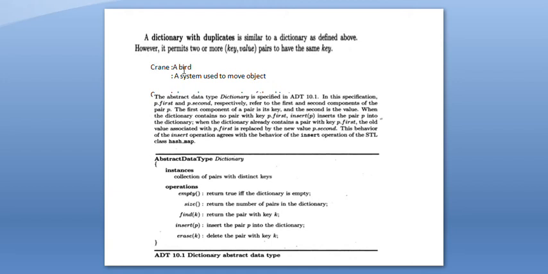So here, since you have two pairs, the same key is repeated two times, so there is a duplicate key. A dictionary with duplicates is a method wherein you have permission to have more than one pair with the same key. You can have two same keys with different values, so the meaning is different.